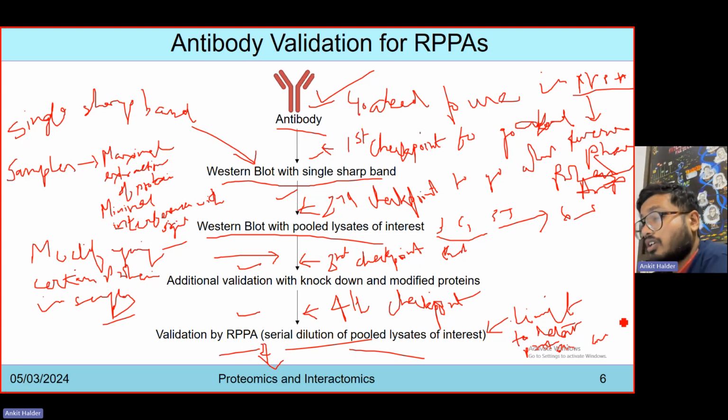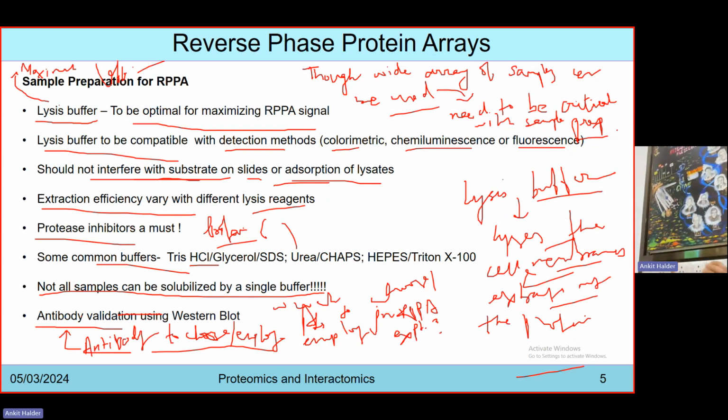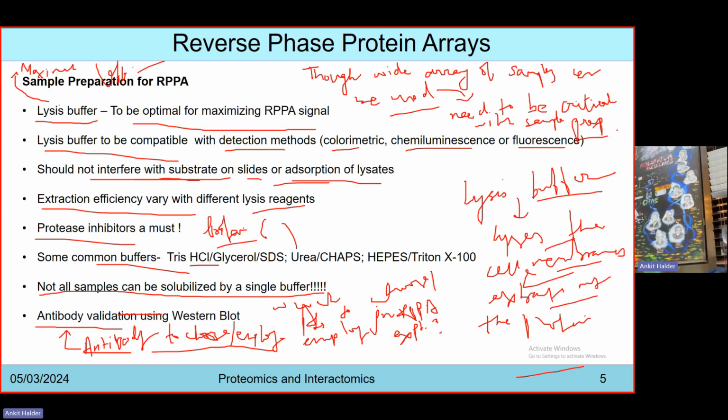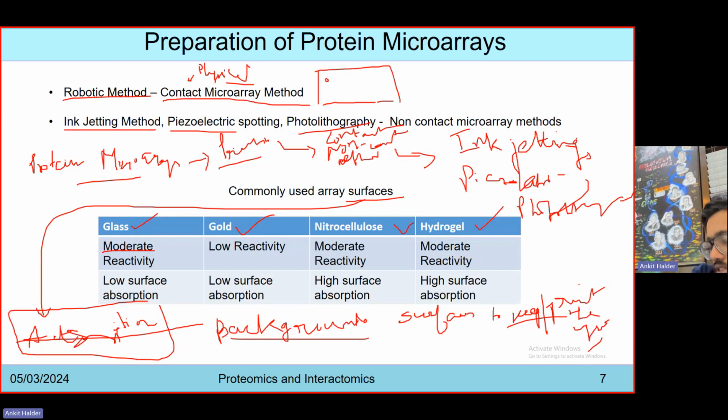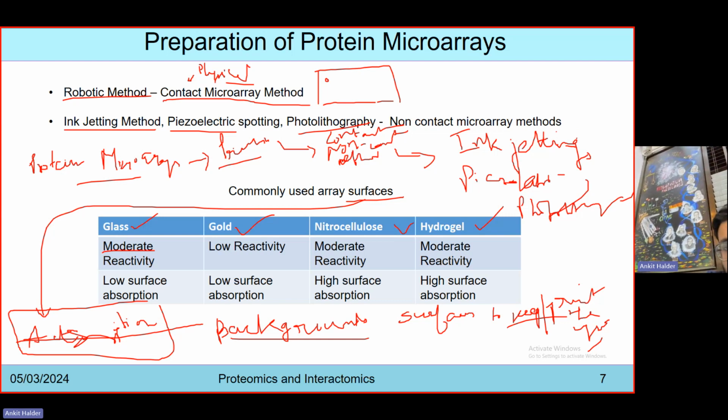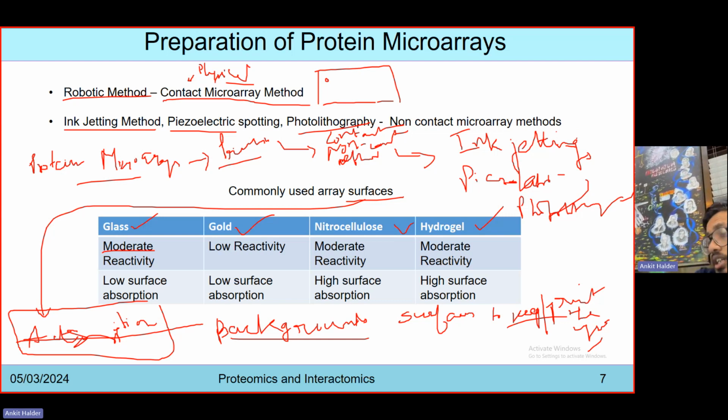Next, not only these two are important, the chip is also used with different surfaces with different properties, like moderate, low or high reactivity, or low or high surface absorption.